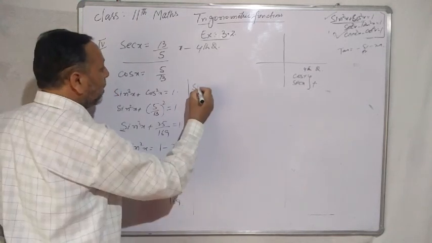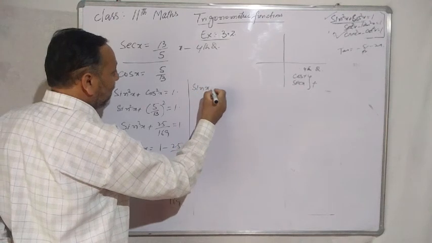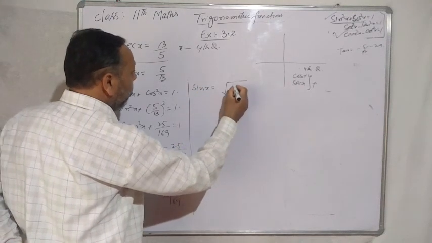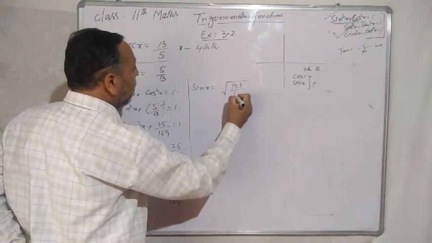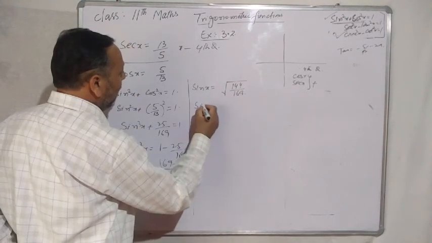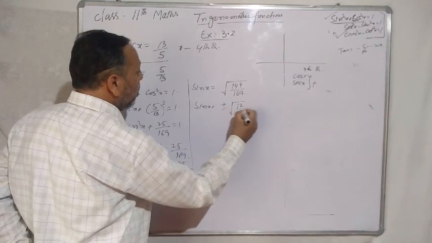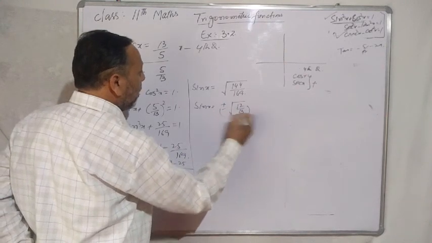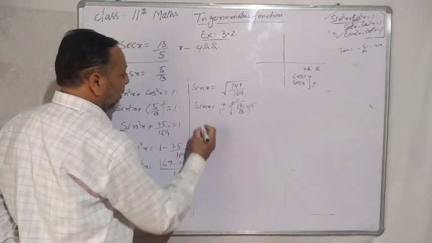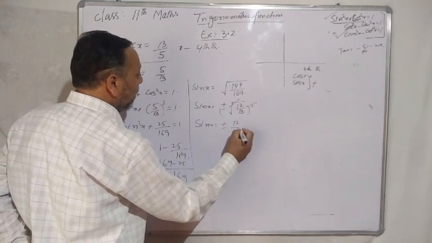It means sin x is equal to square root of 144 over 169. It means sin x is equal to plus minus root of 12 by 13 का whole square. Square and root cancels. It means sin x is equal to plus minus 12 by 13.